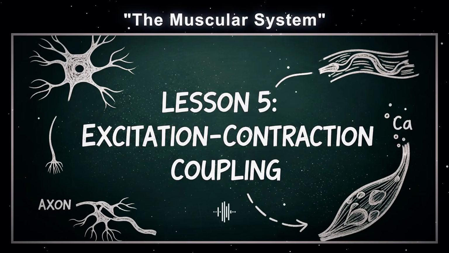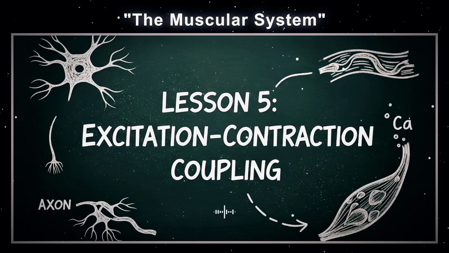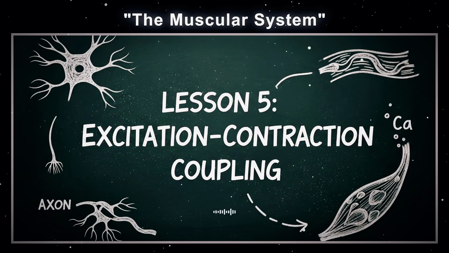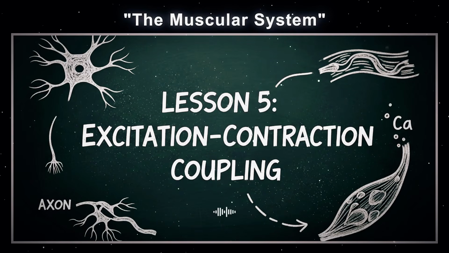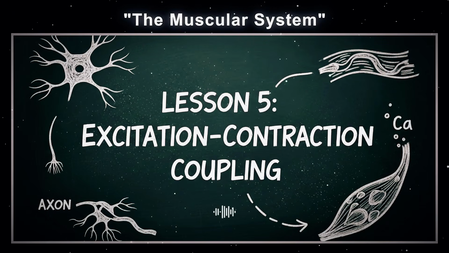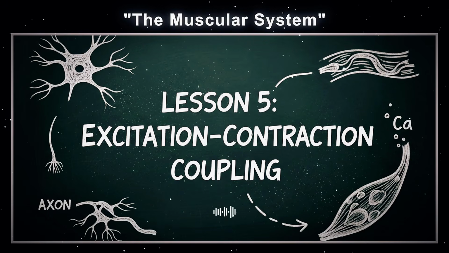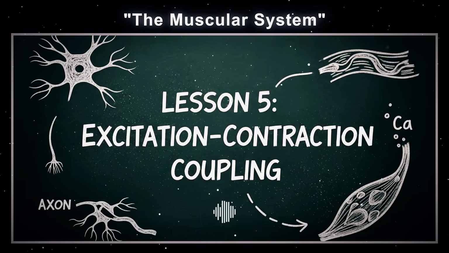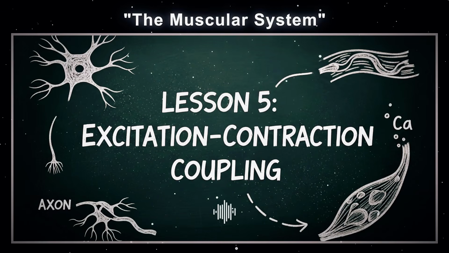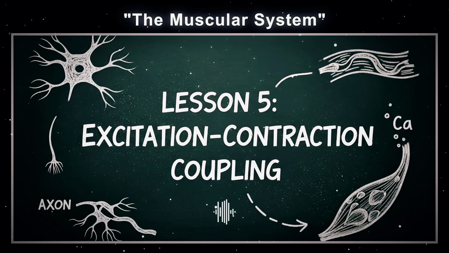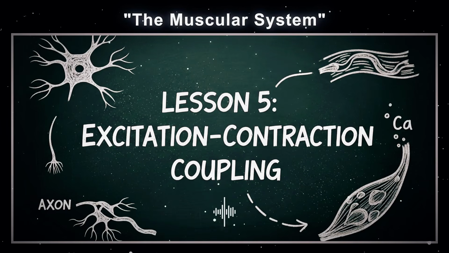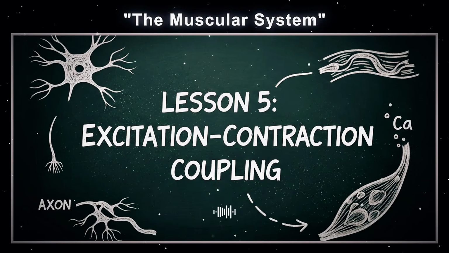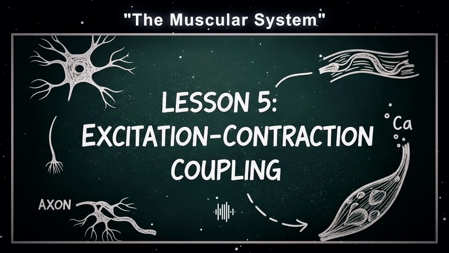Imagine poking your finger into a soft loaf of dough. The dough surrounds your finger, but the skin of the dough has now gone deep inside the loaf. That is a T-tubule. It is a hollow tube of surface membrane that dives straight down into the center of the muscle fiber, winding its way around the myofibrils. Because the T-tubule is made of the same material as the surface, it can carry the same electricity.